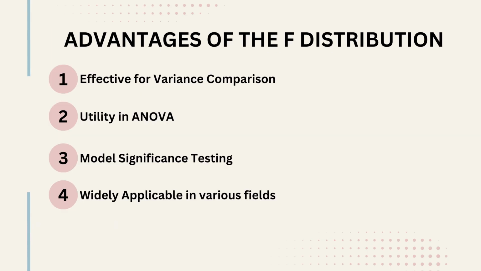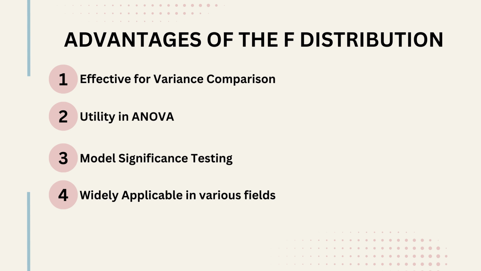The F distribution offers several advantages. First, it is effective for various comparisons, as it is especially designed to compare variances, making it a reliable choice for such analysis. Second one is utility in ANOVA. The F distribution is a foundational element of ANOVA, widely used in research.